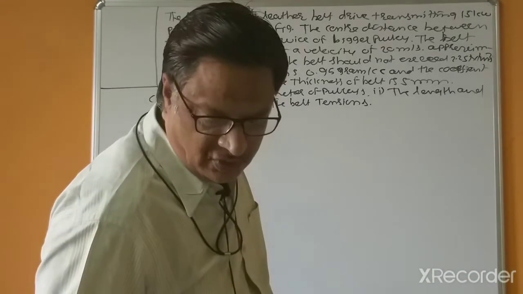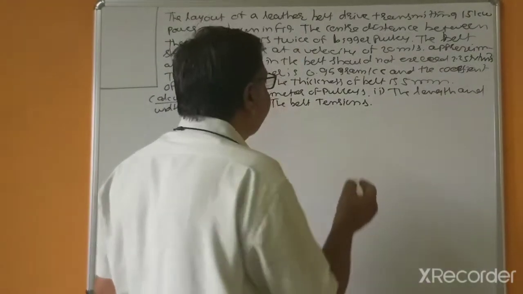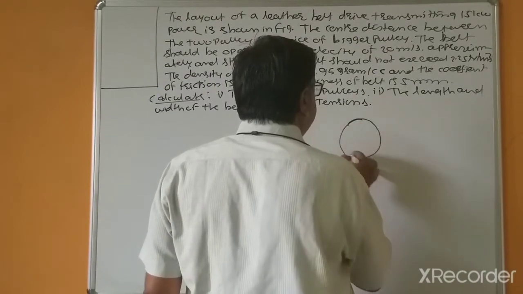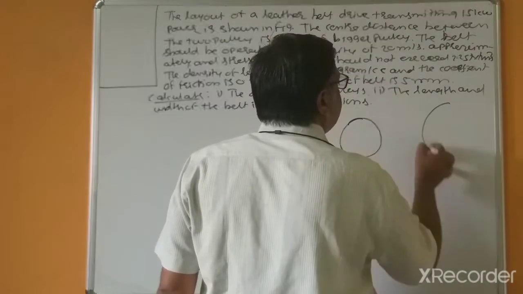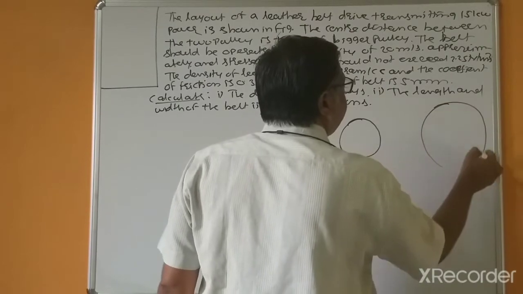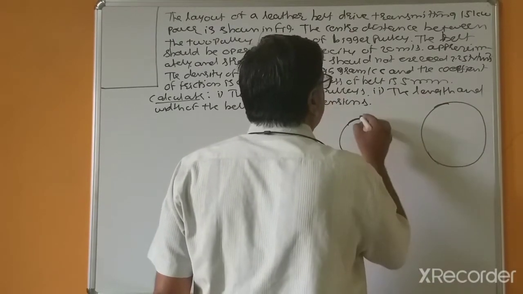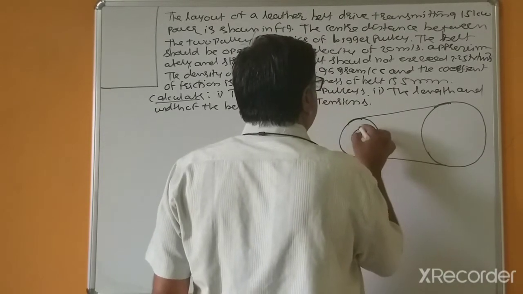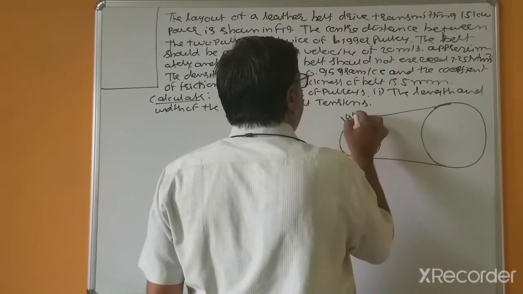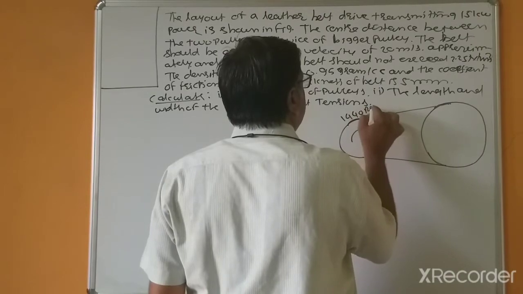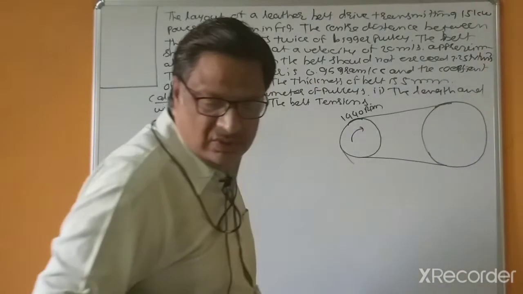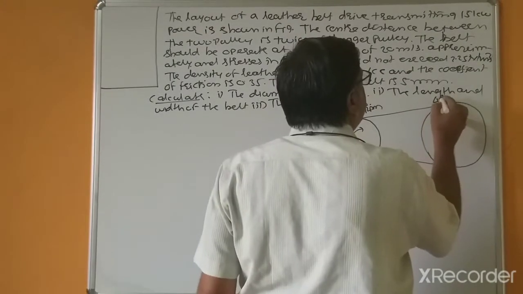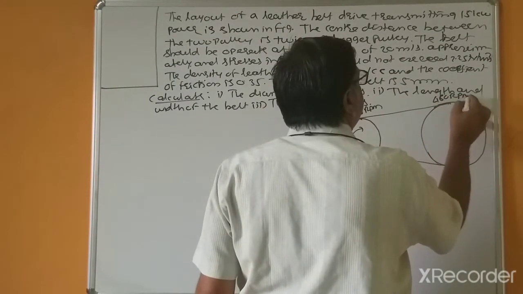So here the figure is given. This is the smaller pulley, the larger pulley, the flat belt. The RPM of the smaller pulley is 1440 RPM, and the RPM of the bigger pulley is given as 480 RPM.